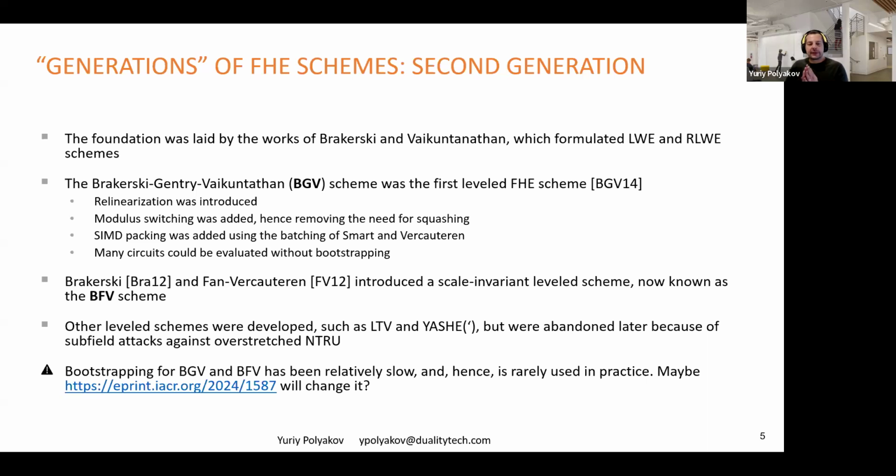Something to note is that these two schemes, BGV and BFV, are still actively used. They're often used without bootstrapping because bootstrapping has been very slow and inefficient compared to the other schemes that we're going to discuss today.